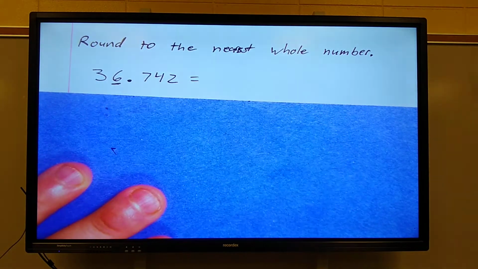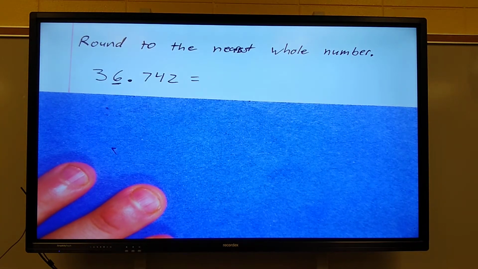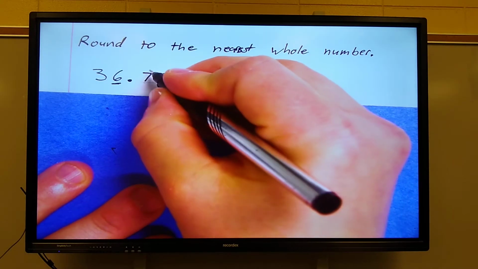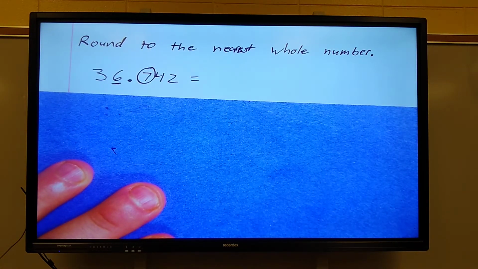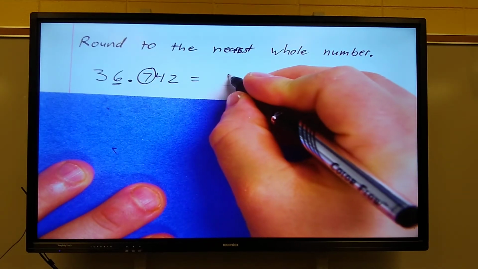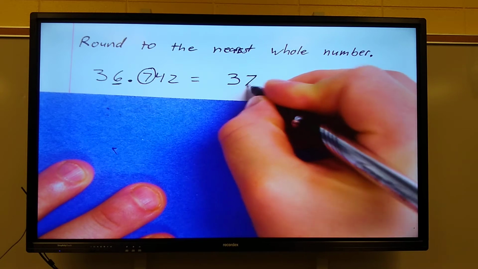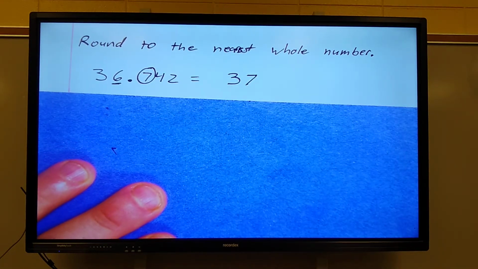The 6 is in the ones place. I look at the 7. It tells me to round up because it is 5 or greater. My answer is 37. All right? All of those were rounding up.